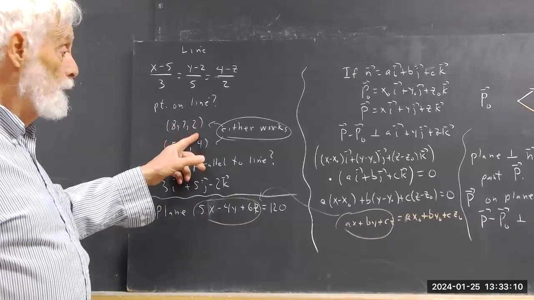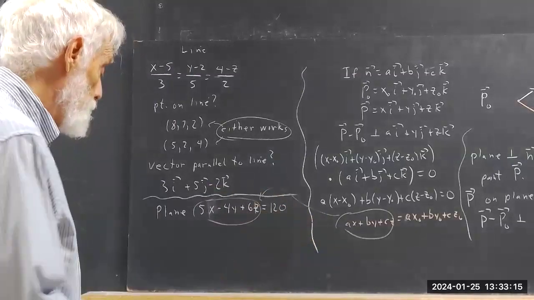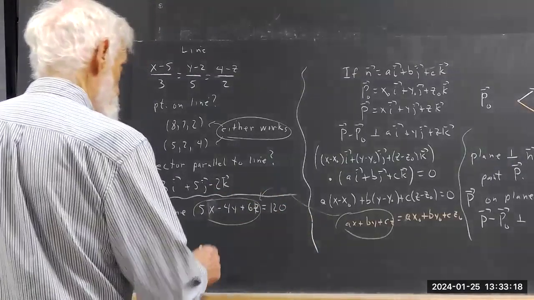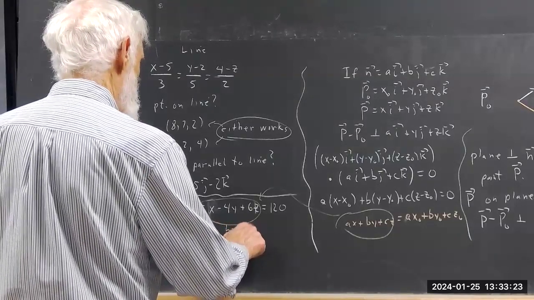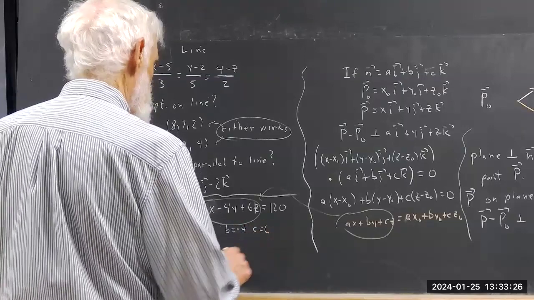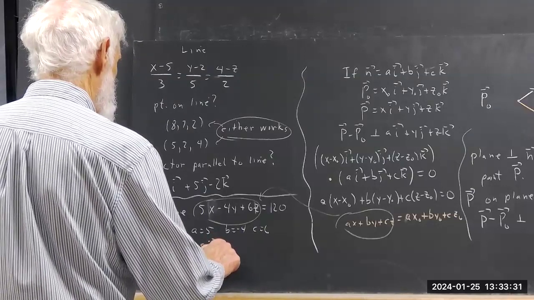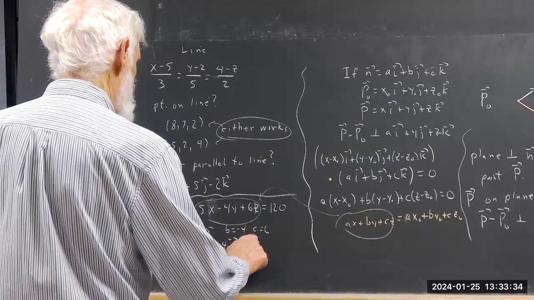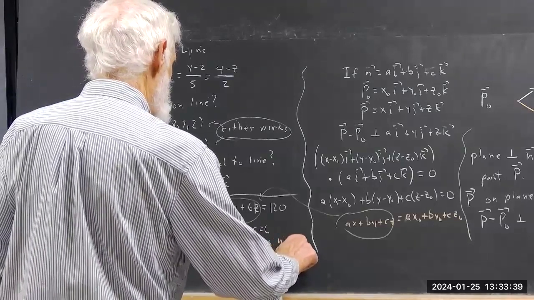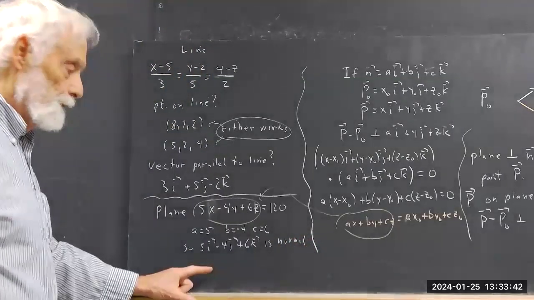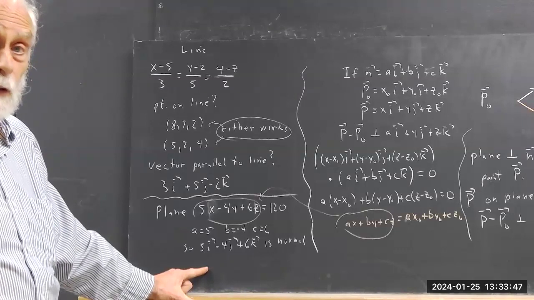We can use this point. First of all, let's read off A, B, and C. That should be clear now, that A is what's in front of x. This is normal. So also is any multiple of this, any non-zero multiple, right?